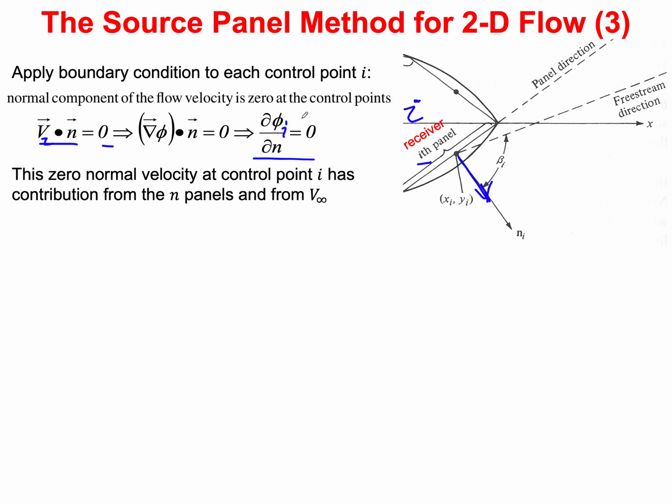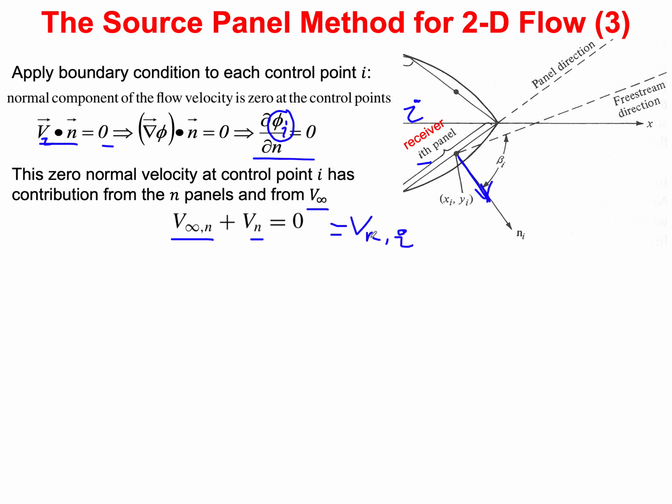As we've just said in the previous slide, that phi has n panel contributors, as well as the v infinity contributor, the free stream. So we'll have this extra term when we're computing the normal velocity. So if I want to compute the v normal on panel I, it will be equal to the contribution of all n.